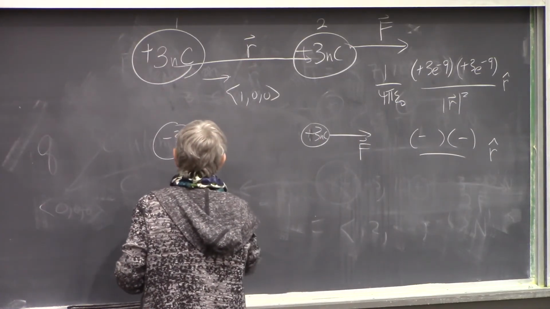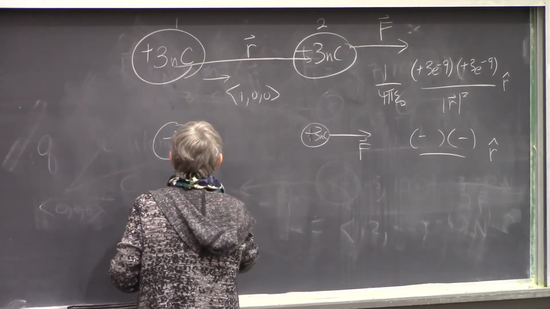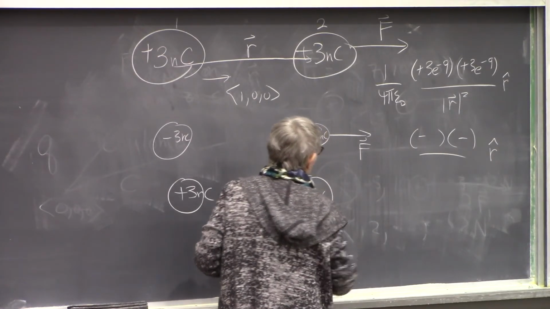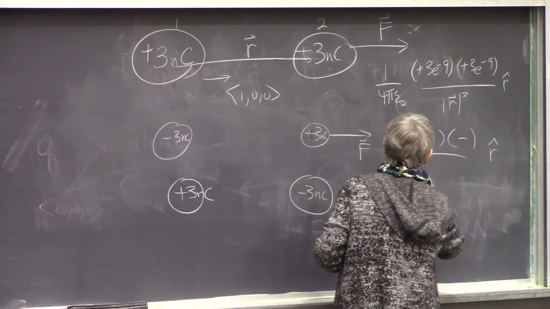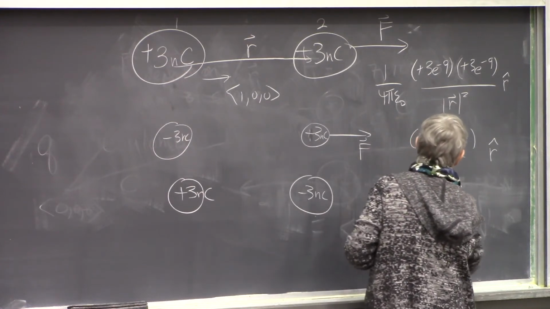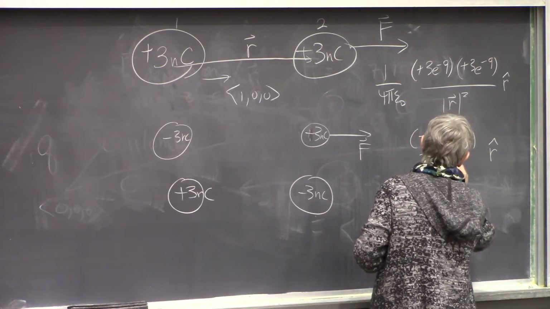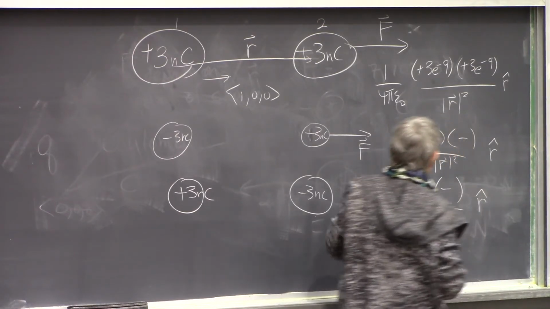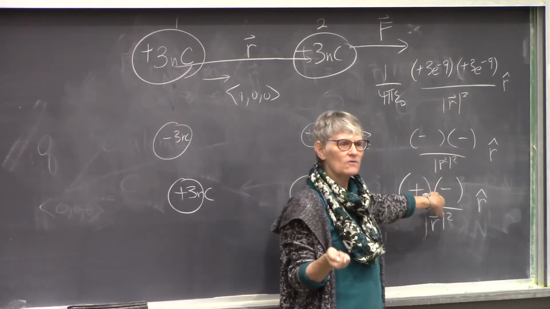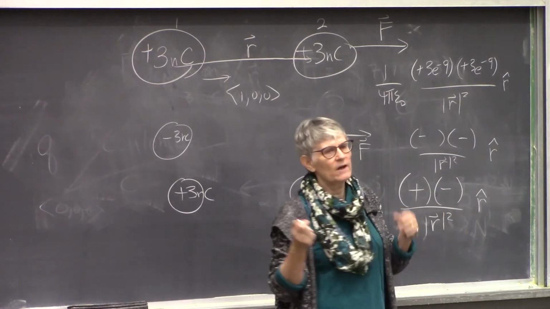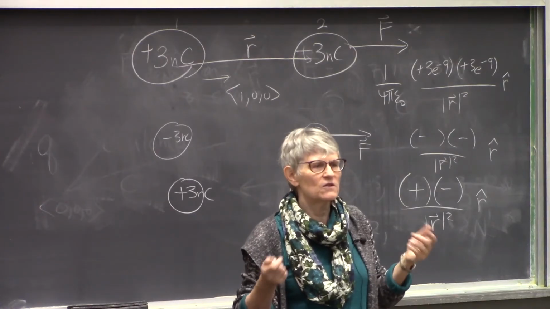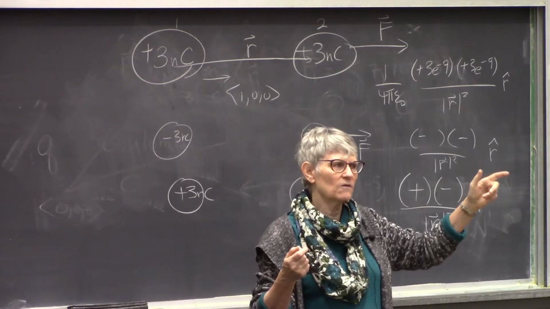And just to check, if this is positive and that's negative, we're going to end up with a plus times a minus. Now we're multiplying R hat by a negative number, and multiplying a vector by a negative scalar changes the sign of every single component in the vector.